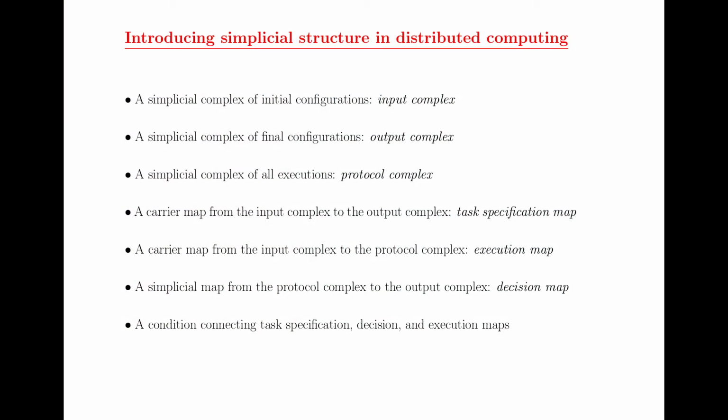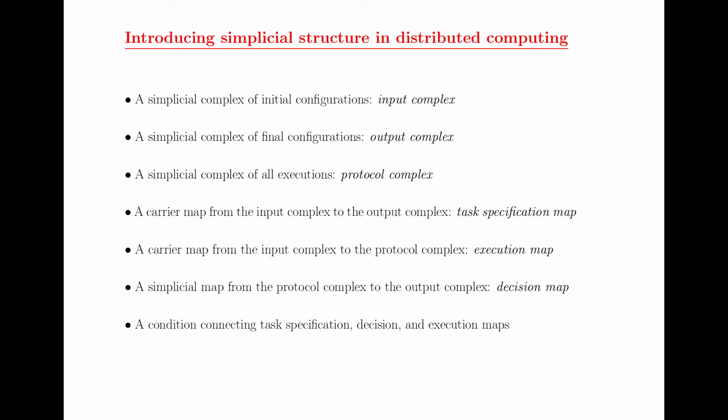Of course, to describe these tasks, in a standard setting, there is a so-called task specification map. This is what I said very quickly, verbally, things like, if they all have 0, then they must decide on 0. So the task specification map simply gives, for each input, an allowable set of outputs.